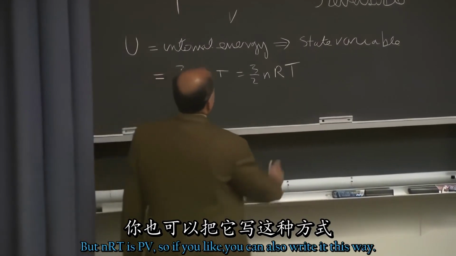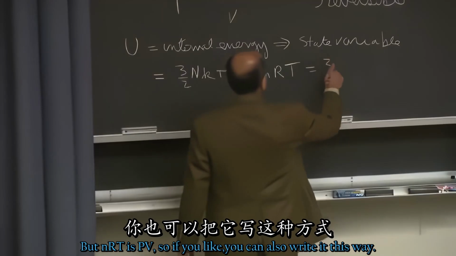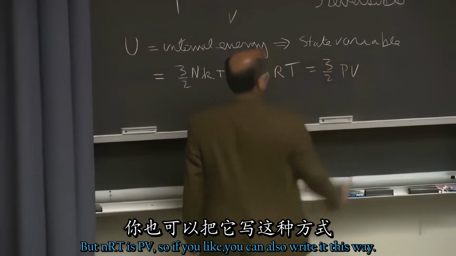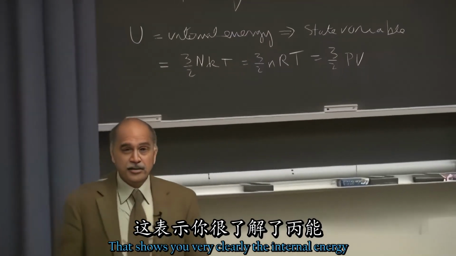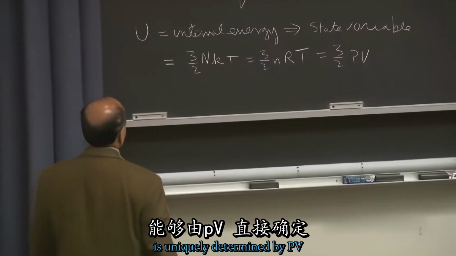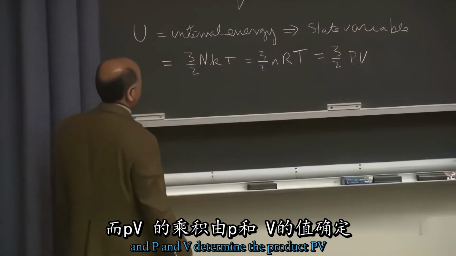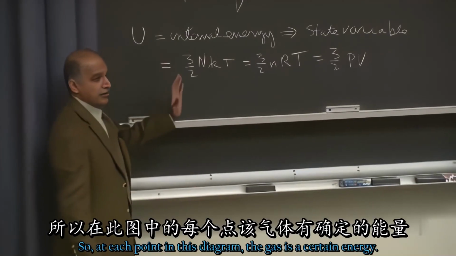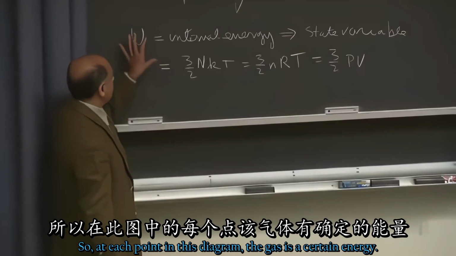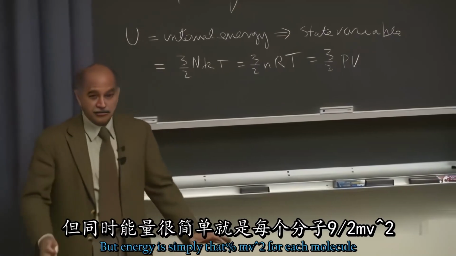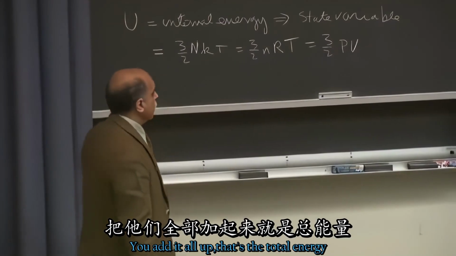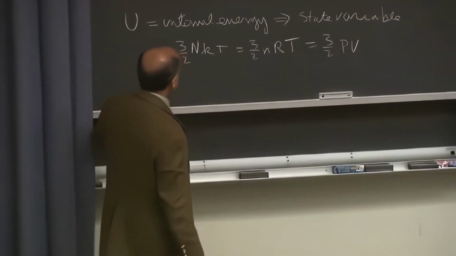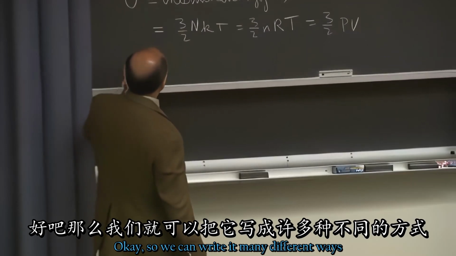But nRT is PV, so if you like, you can also write it this way. That shows you very clearly the internal energy is uniquely determined by PV, and P and V determine the product PV. So at each point in this diagram, the gas has a certain energy. That energy is simply the 1/2 mv squared for each molecule. You add it all up, that's the total energy. Okay, so you can write it in many different ways.